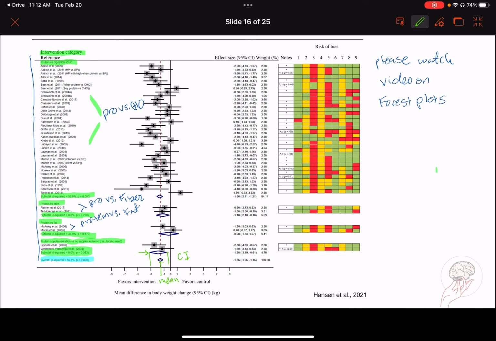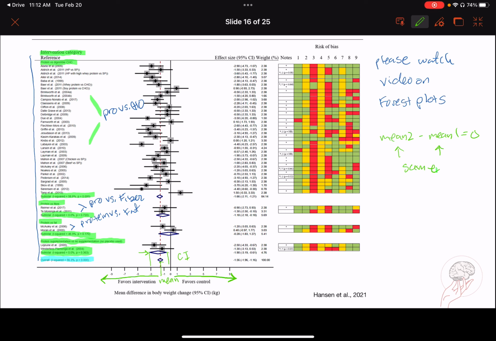So if mean 2 minus mean 1 equals 0, that means mean 2 and mean 1 are the same. But if it's greater than or less than 0, which we see down here, it means that these two means are different.